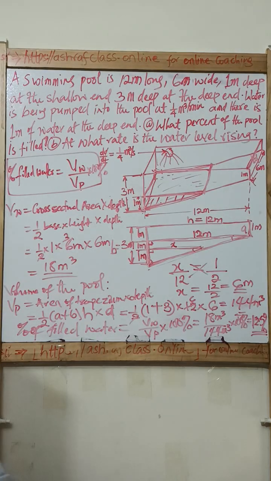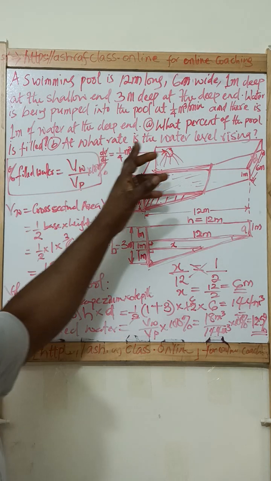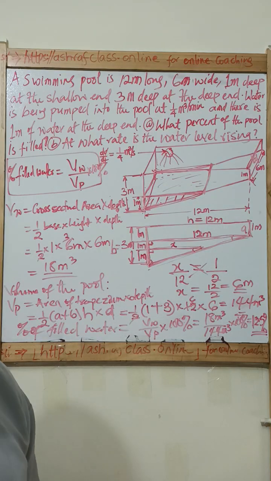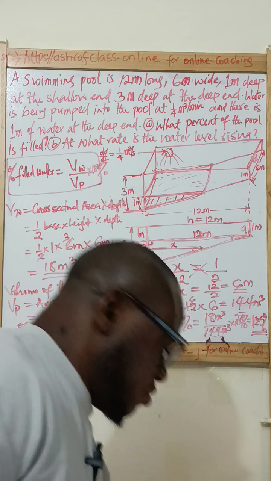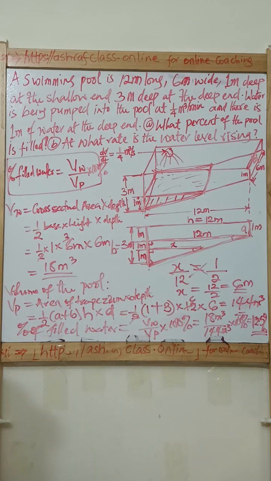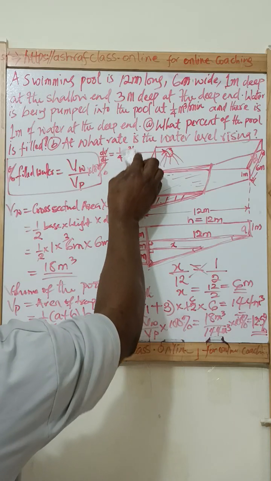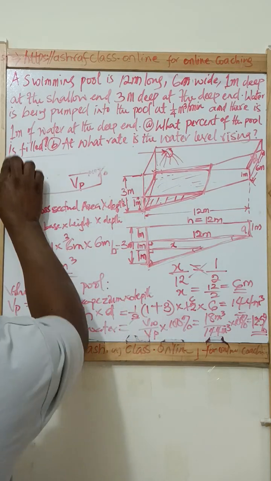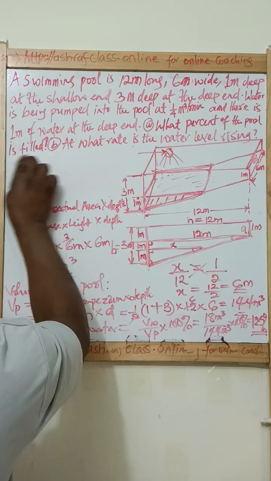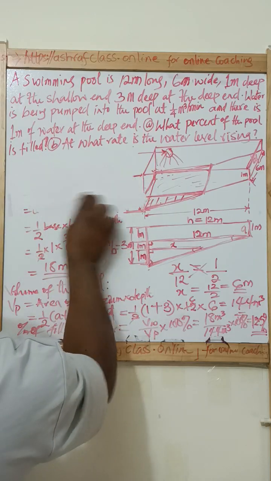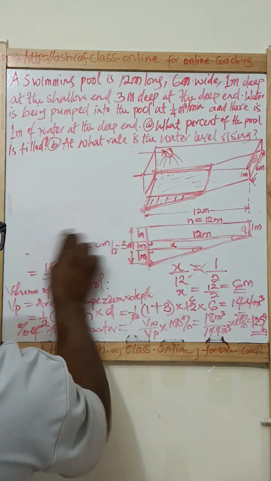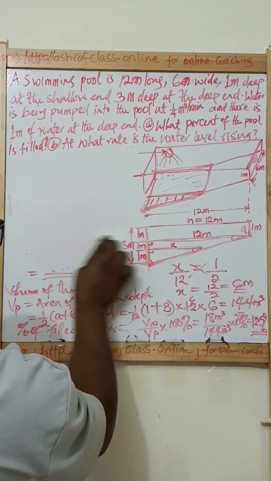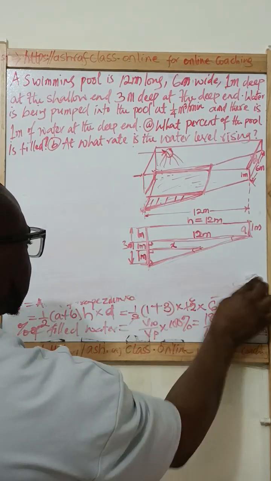So the B part of the question says, at what rate is the water level rising? So let us erase this and come back to the water level. At what rate is the water level rising?